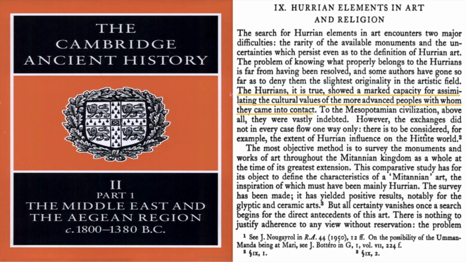This is from the Cambridge Ancient History. The Hurrians, it is true, showed a marked capacity for assimilating the cultural values of the more advanced peoples with whom they came into contact.